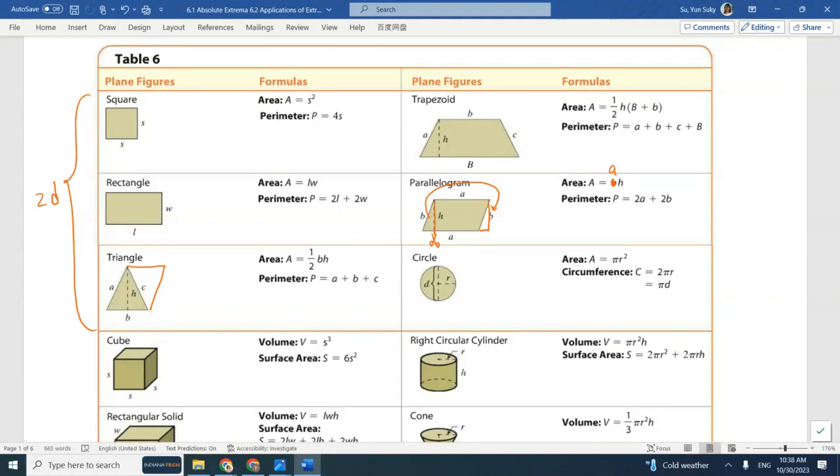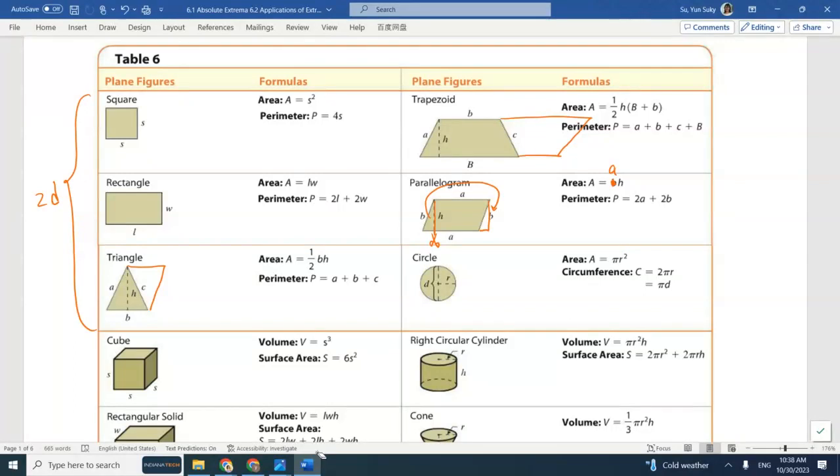And then let's look at the trapezoid. Let's also get another copy of the trapezoid and put it upside down. Do you see you get a parallelogram? So the area of the trapezoid is 1/2 of the area of the parallelogram.